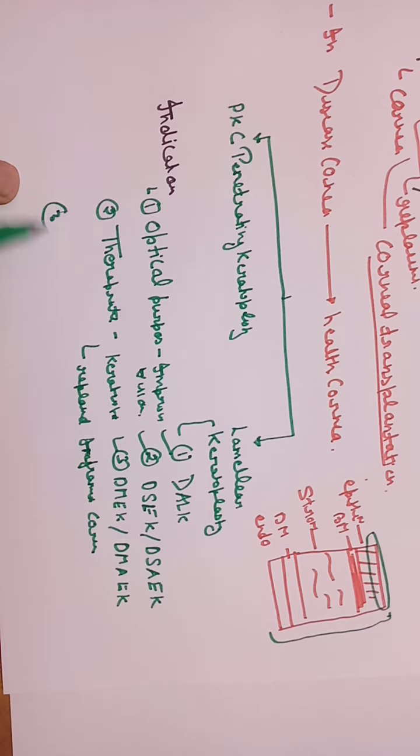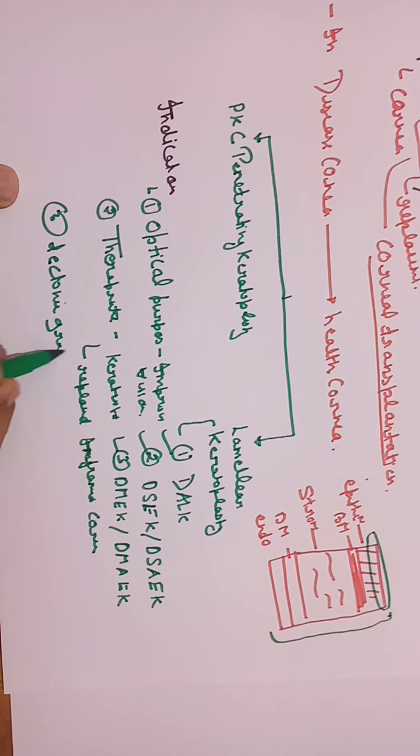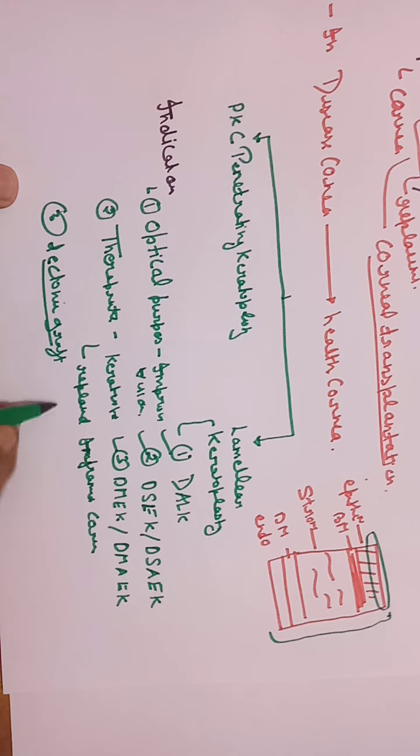Third is tectonic graft. So what is a tectonic graft? Suppose this is the cornea, and the cornea is perforated at the center, so the anterior structures are moving forward.